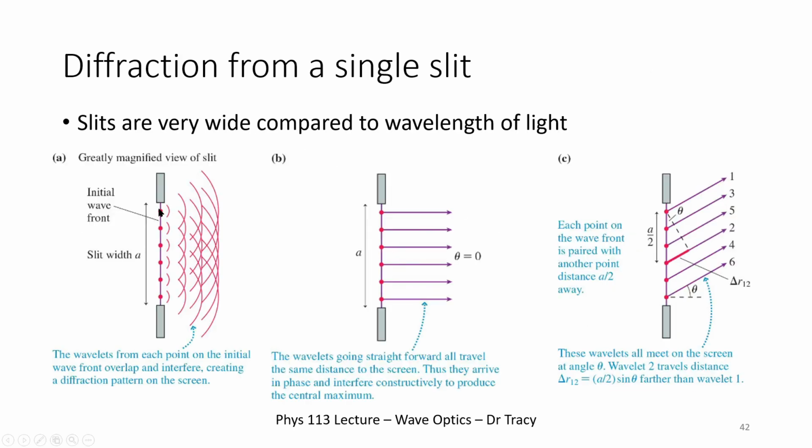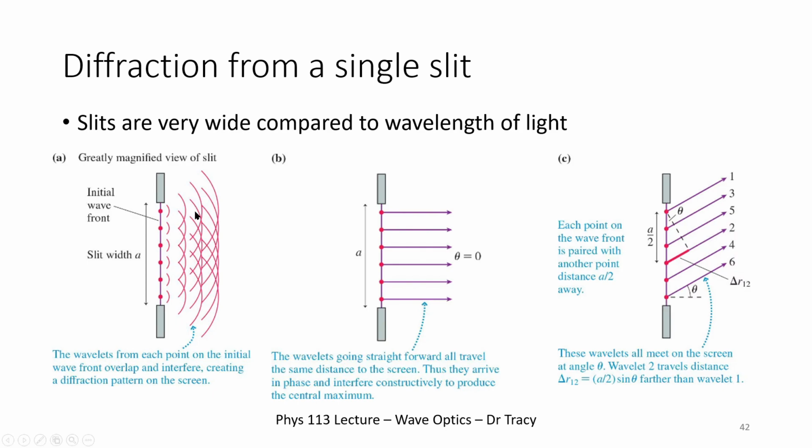And the answer is, well, the slit width is still very large compared to the wavelength of light. And so you have this option for having all these multiple points that can be your new diffraction source for wave propagation outward, or your wavelet source.